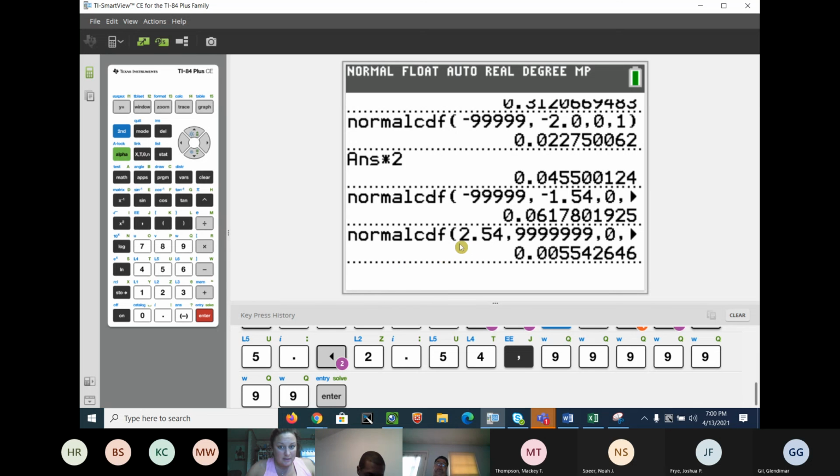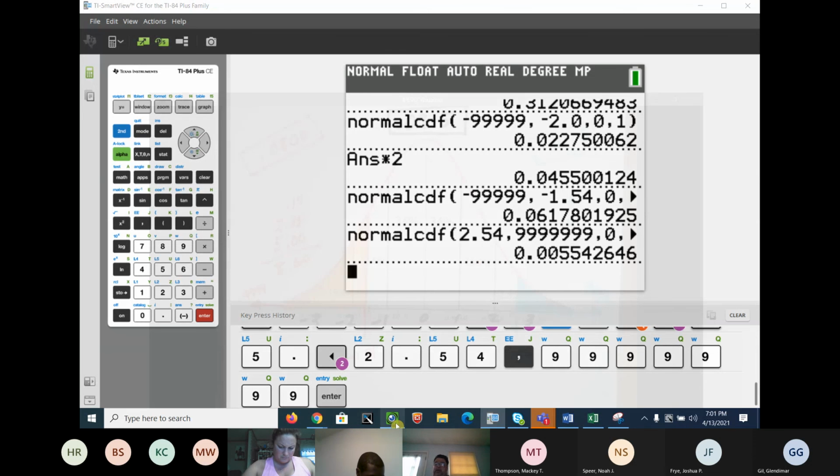Now you read from left to right. You should be saying 2.54, comma, 9999, close parentheses. Okay, so I got the same answer. It just wasn't a negative. So I did it right, just the sign was wrong. And when I added those two together, I ended up getting 0.068. And I got 0.0618.